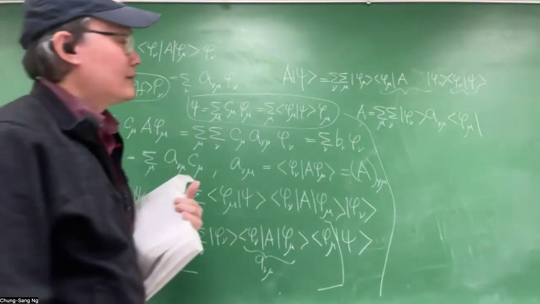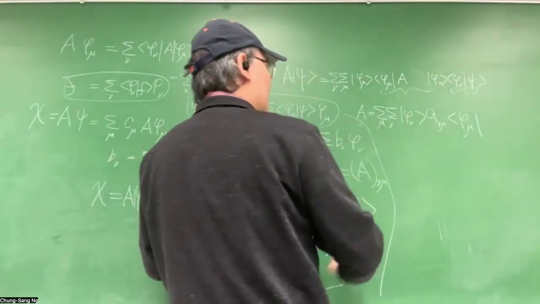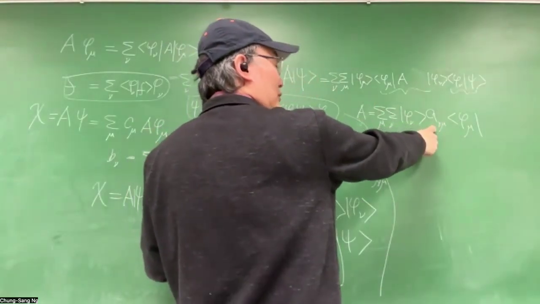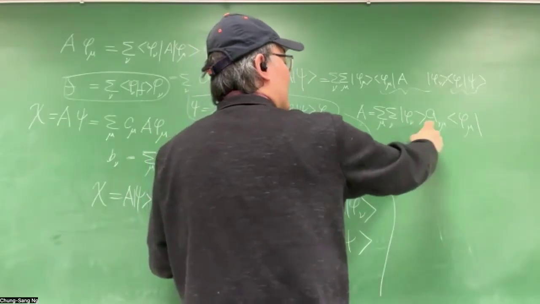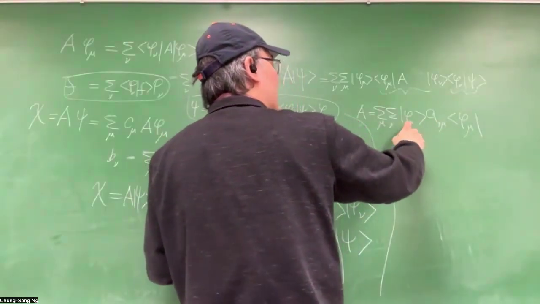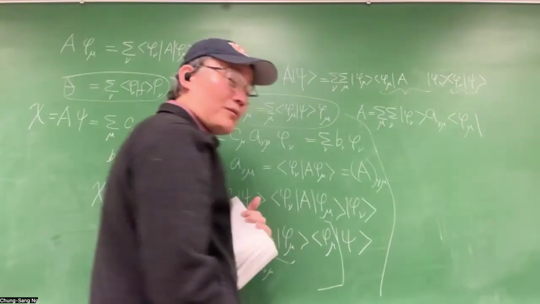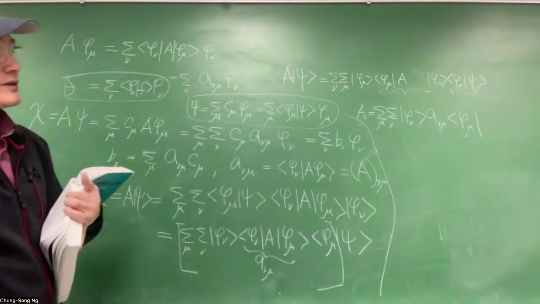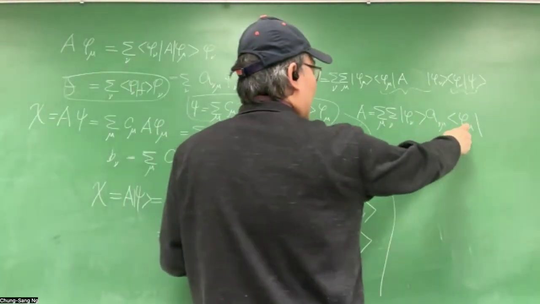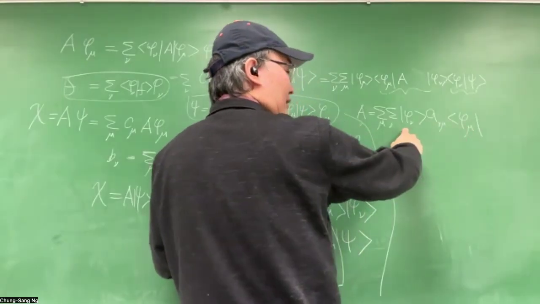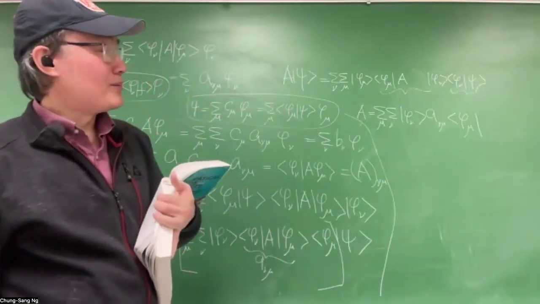Written this way, this is just the matrix element, which is a number, and these two are a ket vector and a bra vector, but you multiply them in the other order. If it is operating on that, it becomes a scalar product, a number.